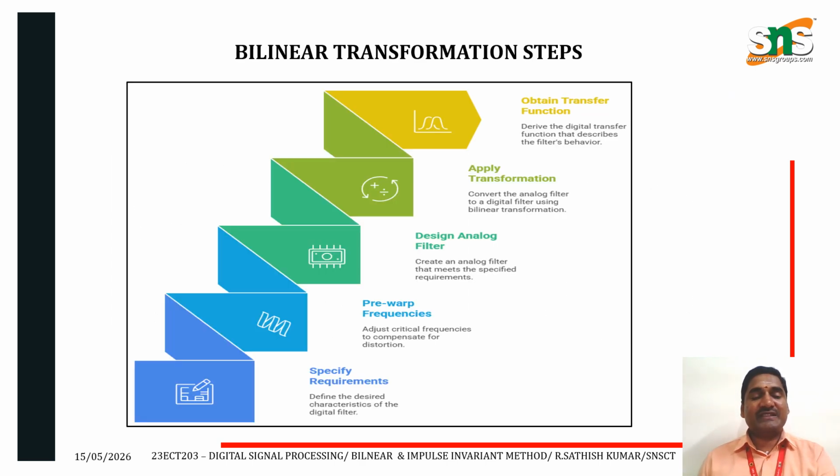Next one, these are the steps involved in bilinear transformation. First, specify the requirements, pre-warp the frequencies, adjust critical frequencies to compensate for distortion, design the analog filter to meet the specified requirements, apply transformation for conversion of the analog filter into a digital filter, and obtain the transfer function that describes the filter's behavior.